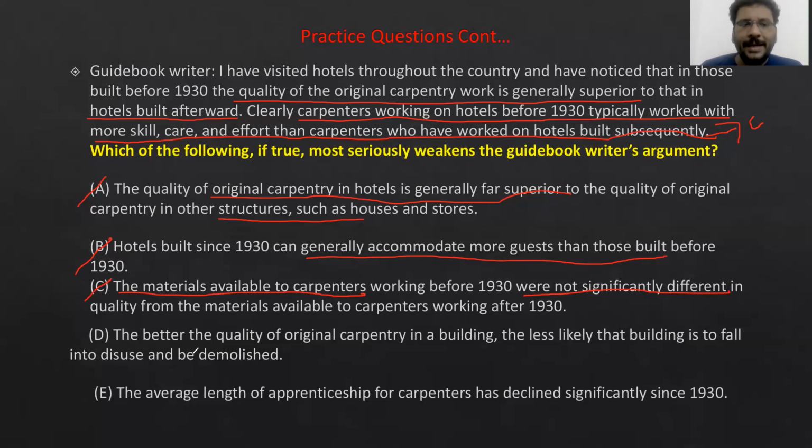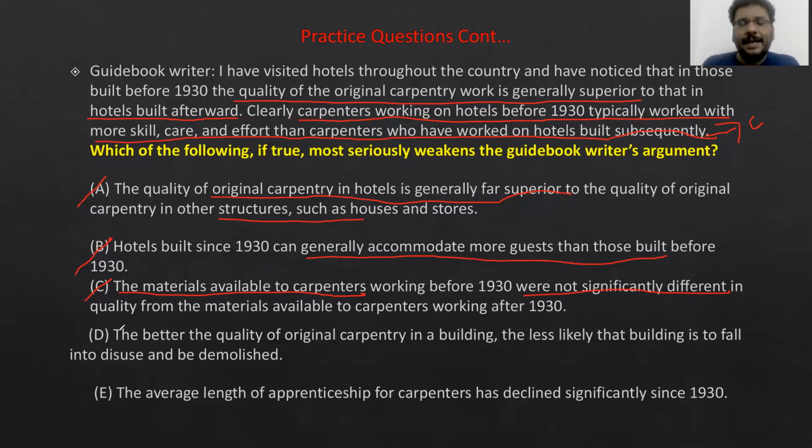Now D says the better the quality of original carpentry in a building, the less likely that the building is to fall into disuse and be demolished. Now you would consider it as an out of scope option, right? We are not talking about demolition, right? We are not talking about disuse. But just look at this option, right?